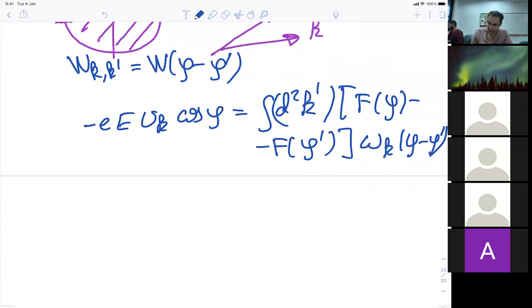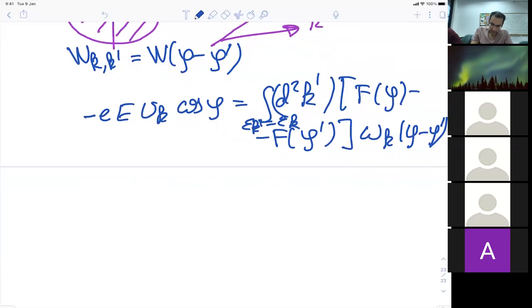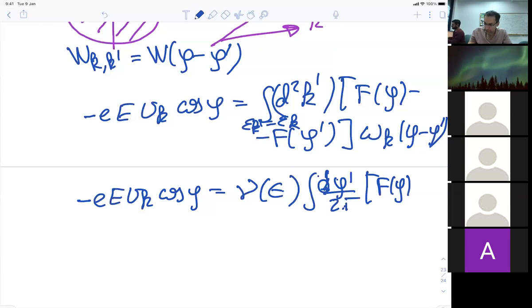And k prime runs, of course, on the shell epsilon k prime equal to epsilon k. Okay, I can integrate with respect to the absolute value of this thing, so it becomes E times V_k cosine phi is equal to the density of states times the integral over d phi prime over 2 pi of f of phi minus f of phi prime times w of phi minus phi prime.